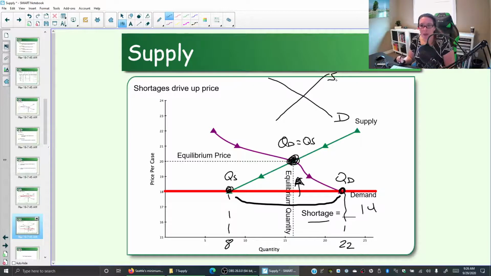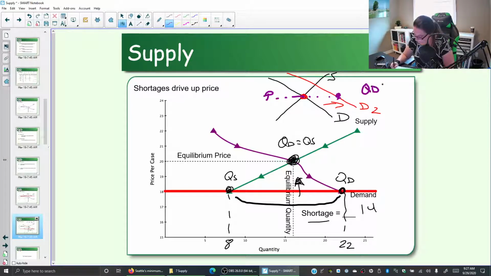Now, what happens though when we start changing other things besides price? So what happens if there is an increase in income? It's a change to the consumer. Okay, it's going to change demand. So notice when we start to change one of those 6 determinants of demand, we no longer have equilibrium at the old price. We now have more quantity demanded than quantity supplied.